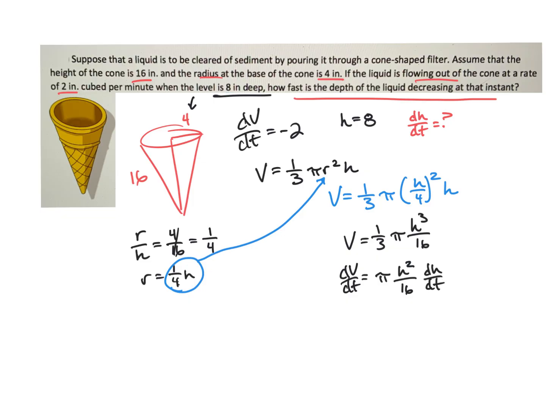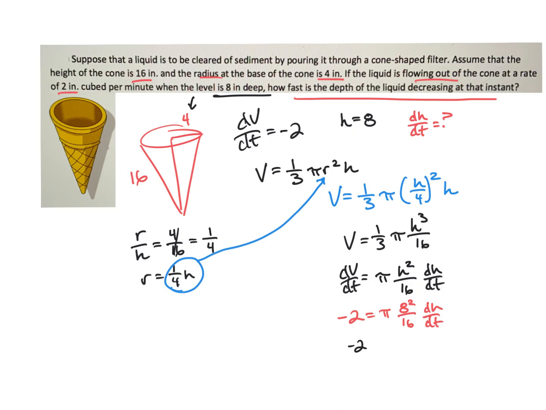So now all we do is substitute in everything we know. What's my dV/dt? -2. So -2 is equal to pi, and what is my h? 8. So now I have 8 squared over 16, and then do I know my dh/dt? Nope, that's what we're solving for. What is 8 squared? 64. 64 divided by 16 is 4.